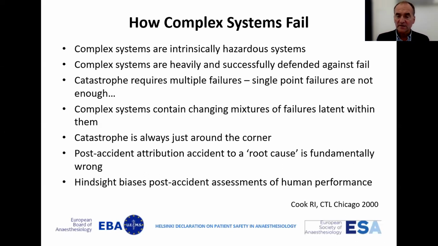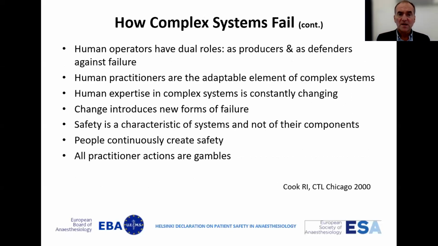So there are latent risks that will surface now and then. And post-accident attribution to one root cause is fundamentally wrong, because hindsight biases post-accident assessments of human performance, which is very difficult.